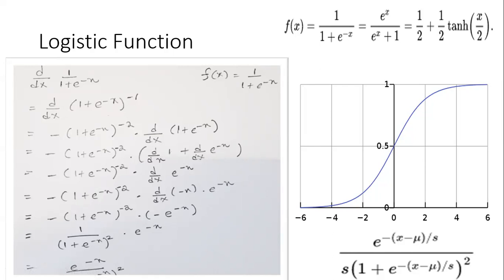The derivative of e to the x is e to the x, and the derivative of minus x with respect to x is just minus 1. So in the end, this becomes the numerator and this becomes the denominator. So that's the equation of the logistic curve. The normal curve equation is different, obviously, but you will find lots of similarities mathematically because the shape is almost the same. Are you able to guess why this curve is important?